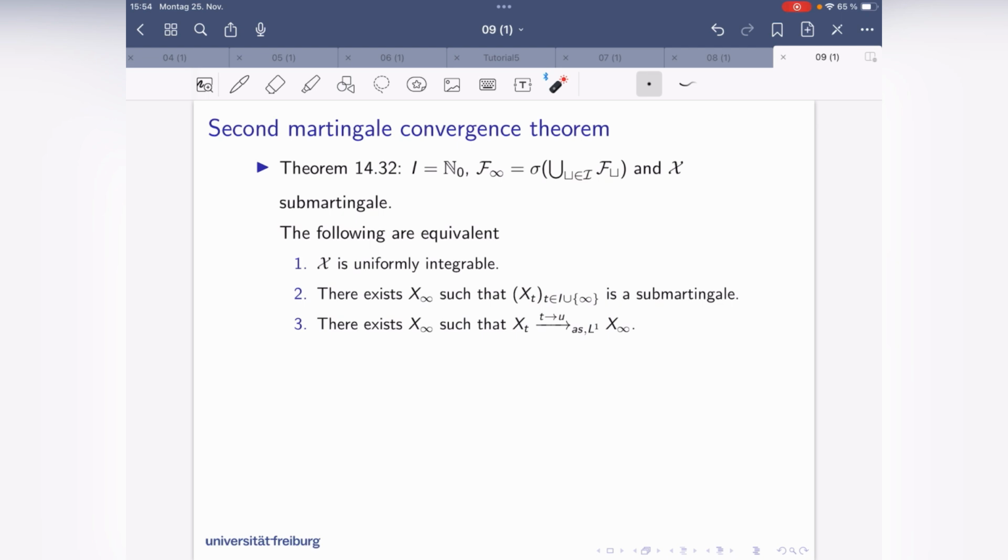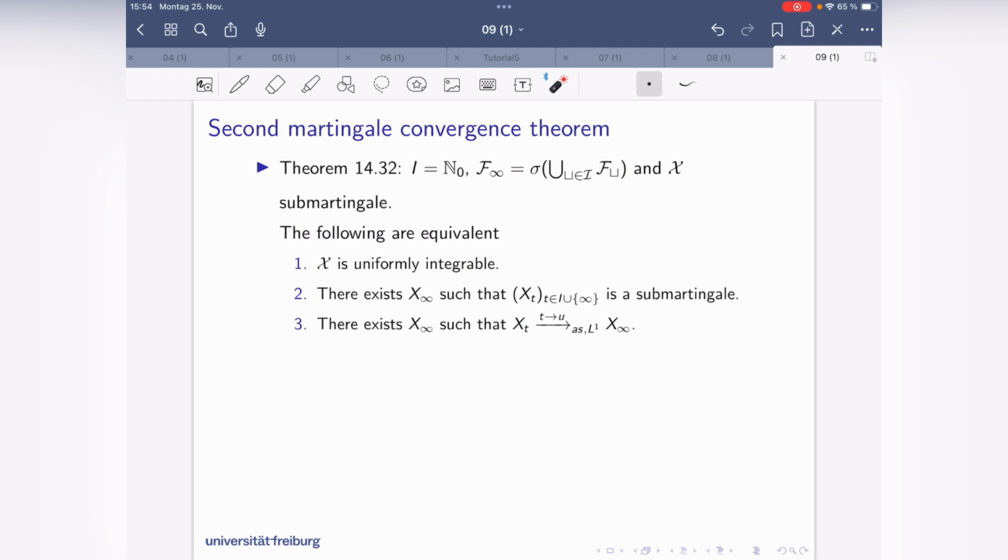Now we come to the second martingale convergence result, which is a bit stronger in its conclusions because we have convergence not only almost surely but also in L1. And as you might remember, usually what one needs is uniform integrability for this. So if I already have almost sure convergence, I need uniform integrability, usually.